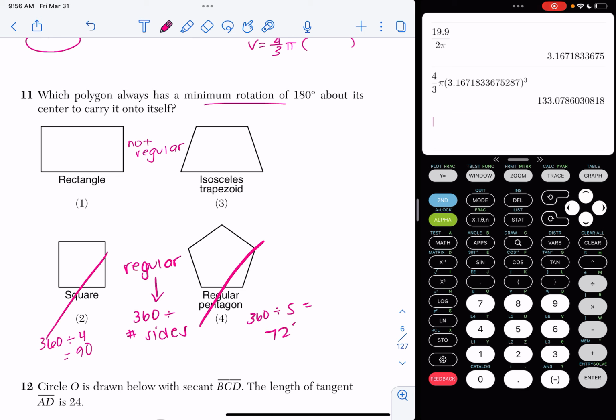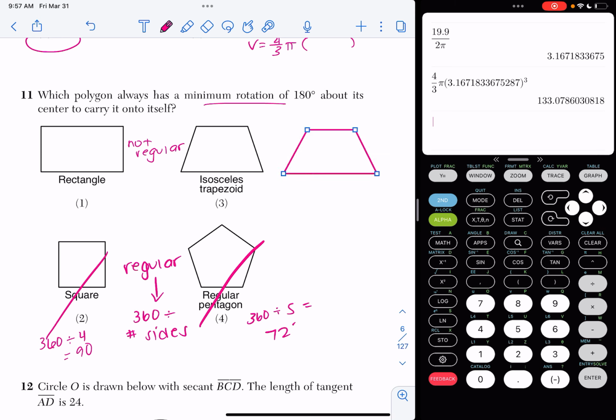If I take a trapezoid, or an isosceles trapezoid in this case, and I'll even show you here. My iPad does not like my trapezoids, so I will draw one here.